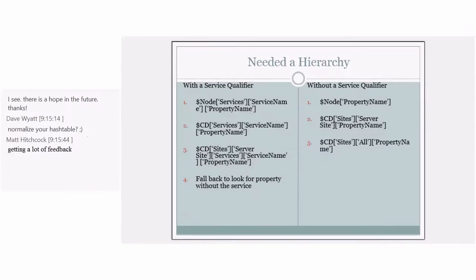I ended up creating a structure for my module metadata, and I ended up creating additional hash tables under configuration data. Because configuration data is just a hash table, we go back to the previous slide here.